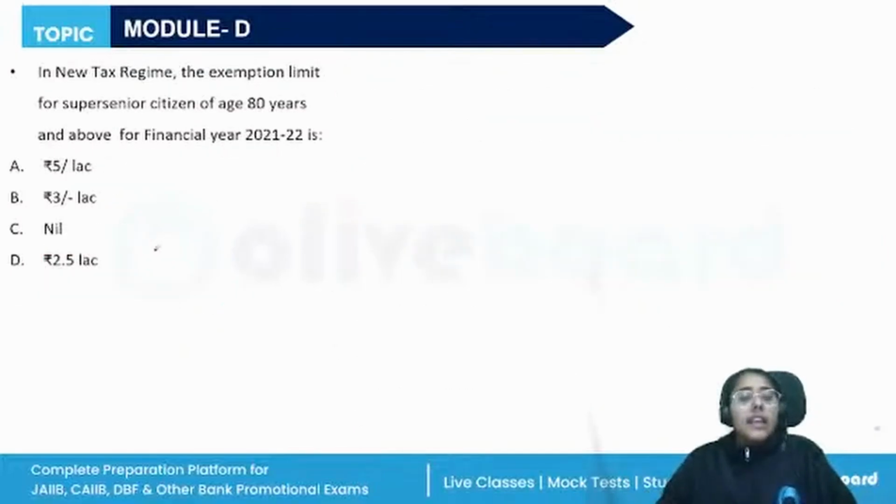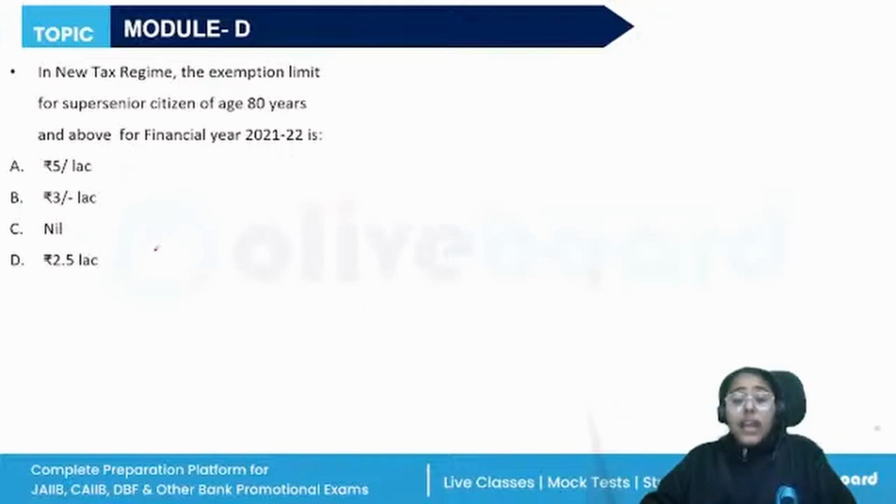Next. In the new tax regime, the exemption limit for a super senior citizen of age 80 years and above for the financial year 2021-22. So now we have been given new tax slabs in our budget, but because our syllabus talks about the income tax slabs for the financial year 21-22, we'll be studying that.